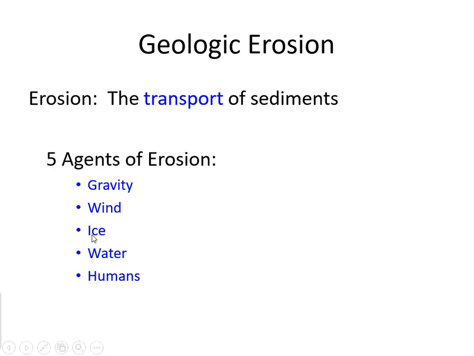Ice, or what we call glaciers, can move a huge amount of material and very large rocks and debris, boulders the size of cars and houses in some cases. And they produce spectacular landscapes in their wake when they retreat. All of these agents of erosion produce some amazing, visually stunning landscapes that we see at planet Earth's surface.